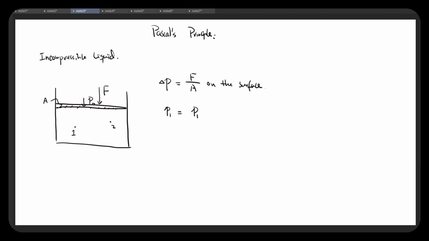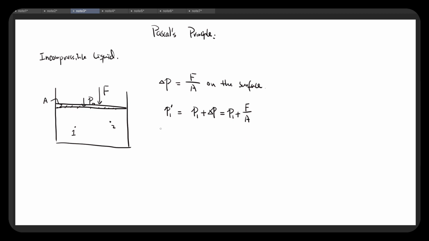Then every point inside the liquid, let's say point 1, point 2, P1 now changes to the new one, P1 prime, which is the original P1 plus delta P. So we can calculate the change of pressure at the surface with force F divided by A, and that also happens inside the liquid. And point 2 is the same.